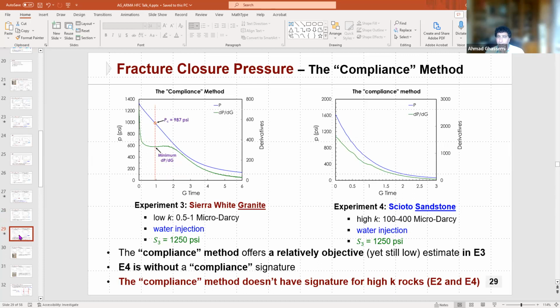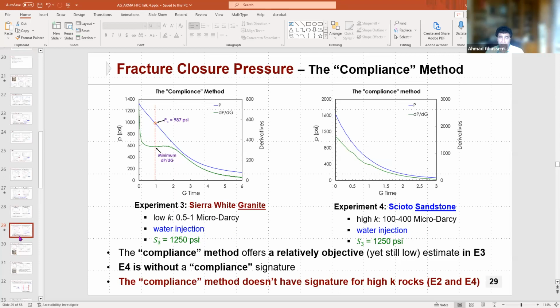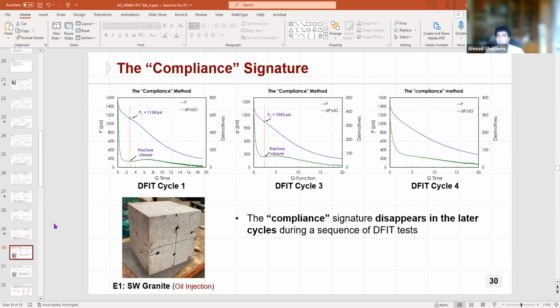And then here we are looking at the results for the Sierra White granite with water injection. Again, the compliance method provides a higher estimate than the tangent, but still kind of low. And for the Scioto sandstone, with water injection, high permeability, in this case, we don't see a signature in the compliance approach.